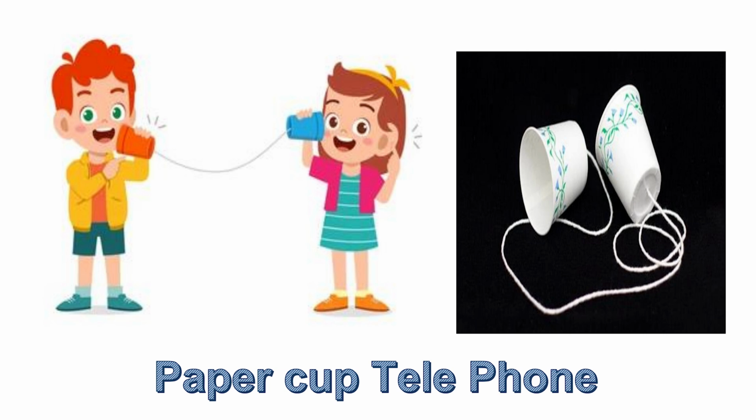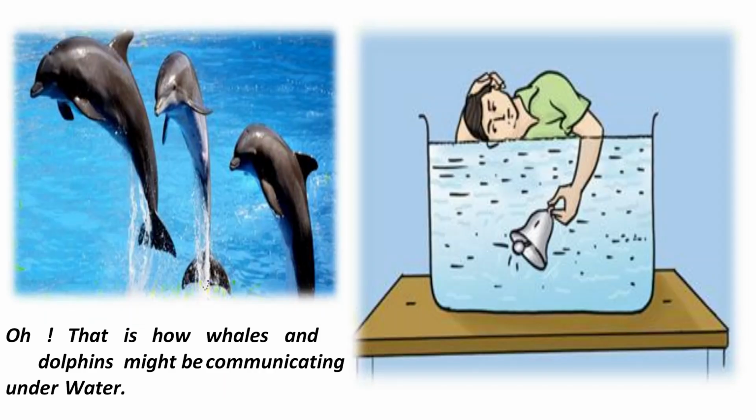Okay. And here you can see a boy, he kept a ringing bell in the water and he is putting his ear on the surface of the water and trying to listen to that particular sound. Can he hear? Yes, exactly, he can hear. He is listening to that particular sound. That means what can we conclude?